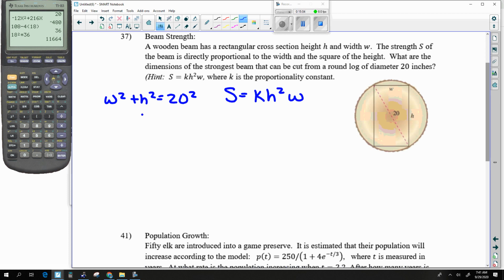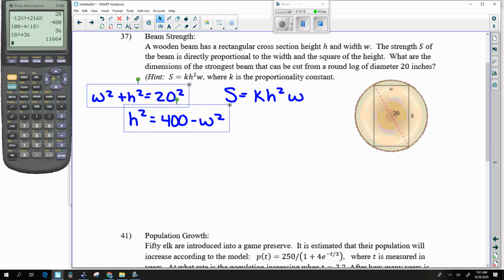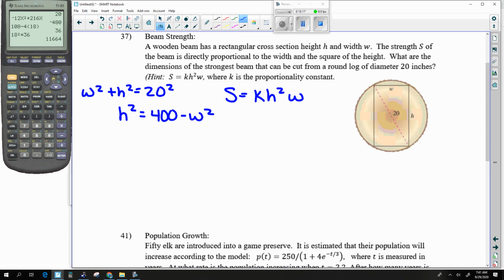What I'm going to do is solve for h squared. So this is 400 minus w squared. I'm not going to solve for h because I have an h squared that I can substitute. That's why I made the decisions that I made.